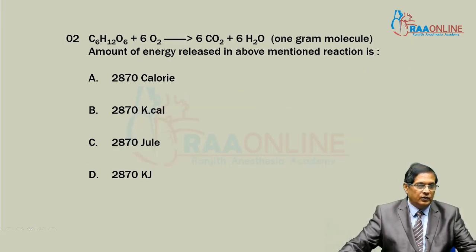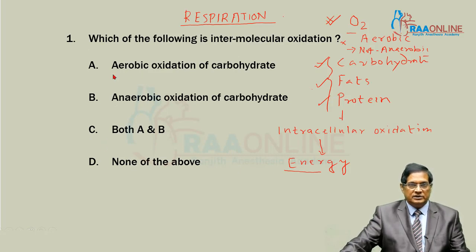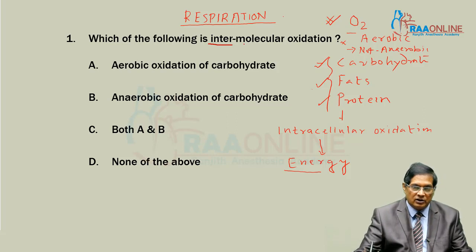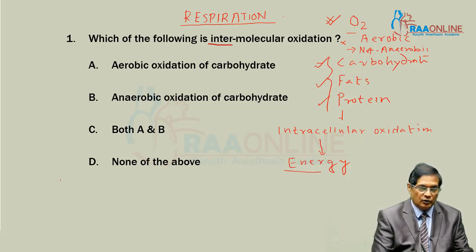So, question 1. Now, we start with question number 1. Aerobic intermolecular oxidation. Intermolecular, that is in between two molecules. Inter means in between, intra means same. What is intermolecular oxidation? Take carbohydrate C6H12O6.